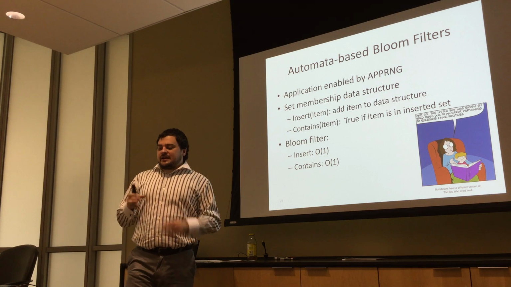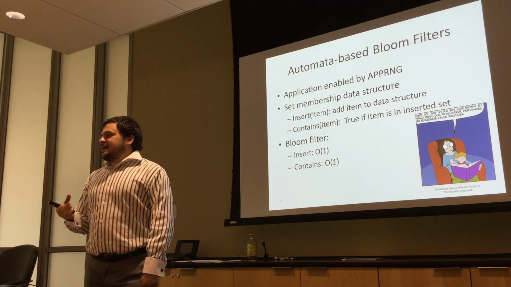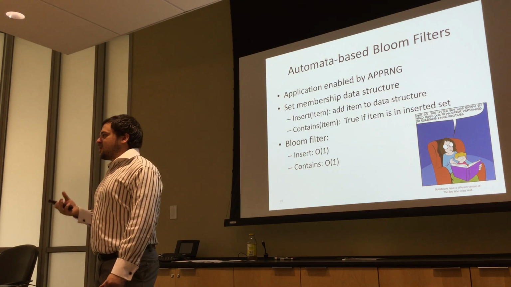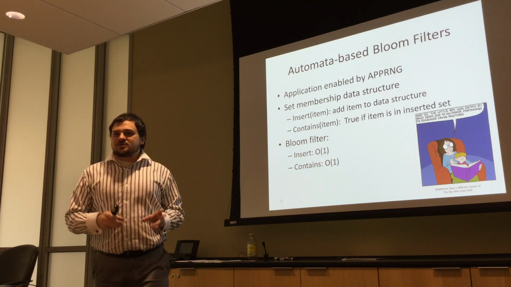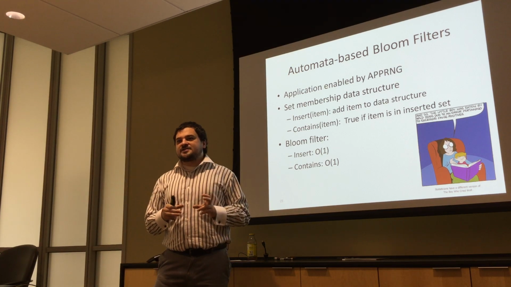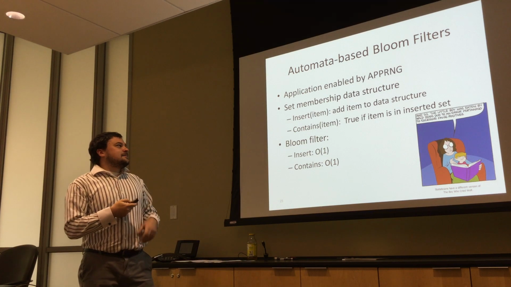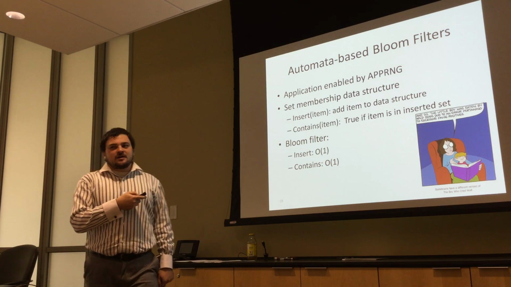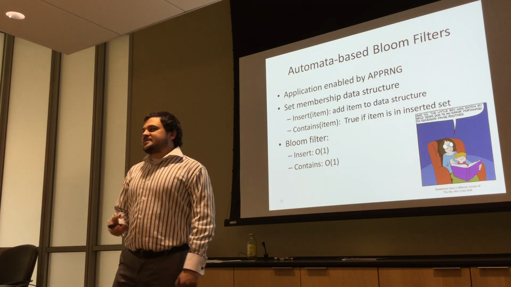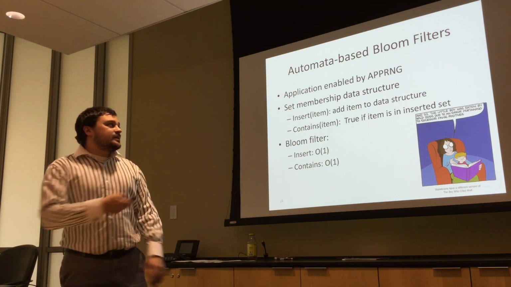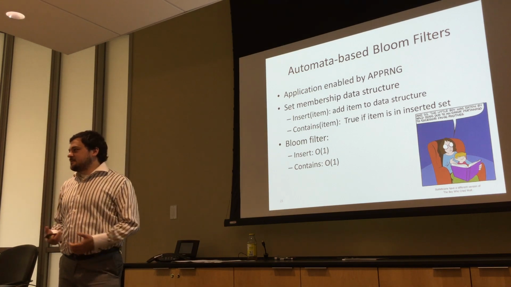That is, any algorithm which could be modeled as a parallel simulation of Markov chains can be highly parallelized on automata processors based on the APPRNG result. An example of such an application is automata-based Bloom filters, which I'm going to be discussing today.